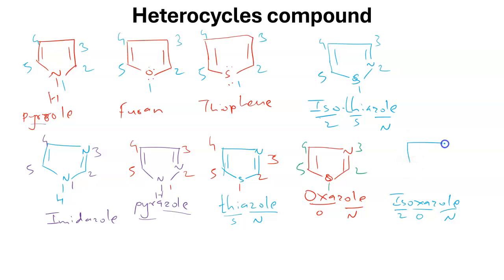Again we will write a structure. There is only a difference that in this structure the nitrogen is at the third number position, and in this case the nitrogen is at the second number position. So this will be the structure. Numbering will start from the heteroatom, that is oxygen, 1, 2, 3, 4 and 5.